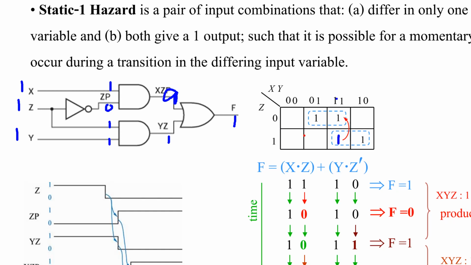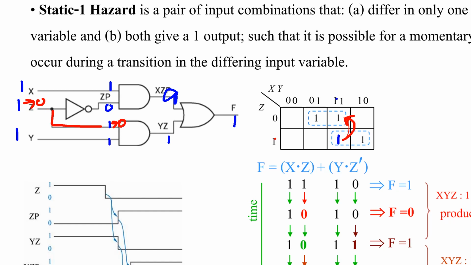And what happened if I take input from here to here, namely take z from 1 to 0, from 1 to 0. That means this wire becomes 0 suddenly, right?